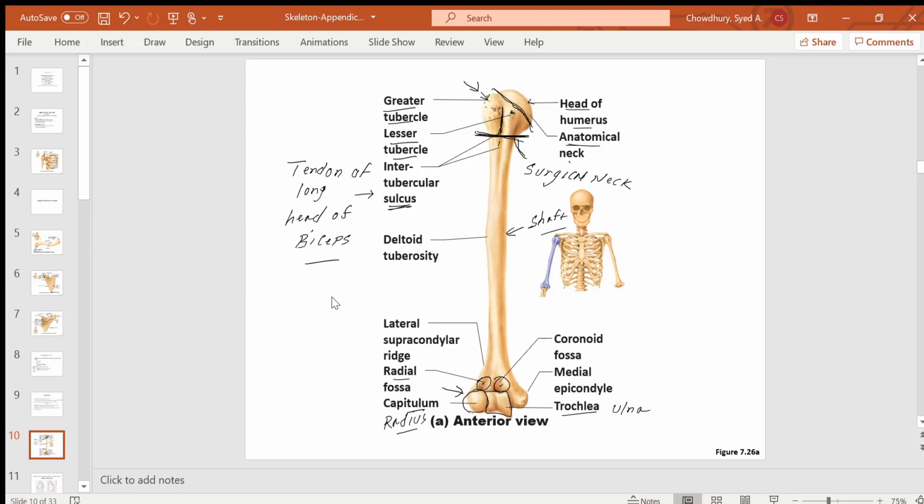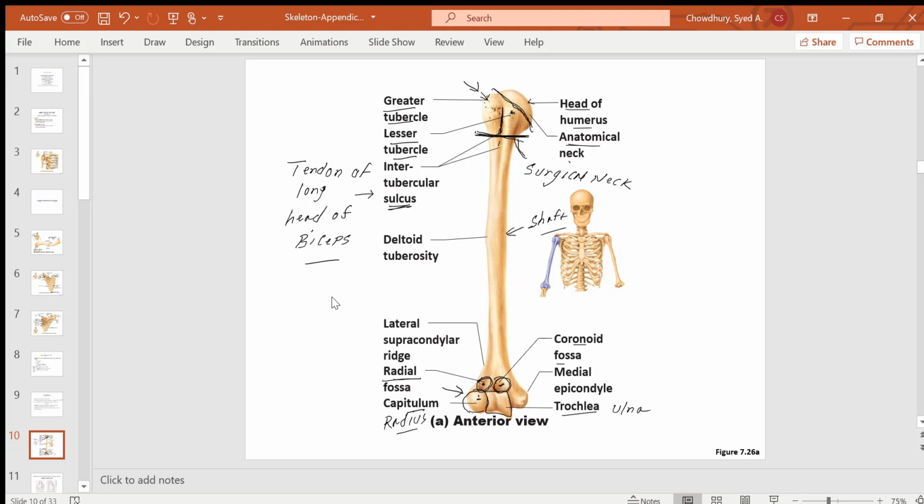When you flex your forearm, the head of the radius moves from here to here. So that's why you have a fossa there, and that is called the radial fossa because the head of the radius goes into it. And this is called the coronoid fossa. When you flex your forearm, the coronoid process of ulna goes into it. Okay, that's why it is called the coronoid fossa.